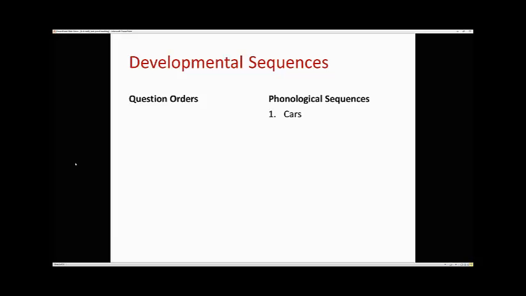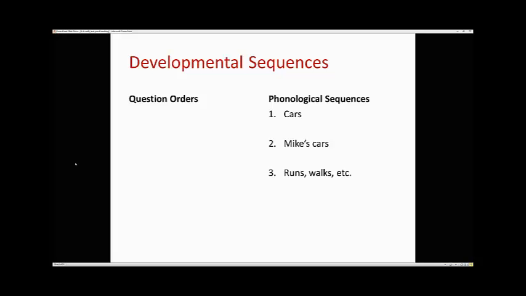If we look at a phonological sequence first, for example, the S sound is special in English. It forms, for example, the plural, cars, and that's acquired before the possessive, Mike's. So you're going to get cars first and then Mike's cars. And it has to do with the level of concreteness, maybe, that plurals are more concrete than possessives, but nothing is as abstract as this, the third singular S. He runs, she runs, it walks, it runs.